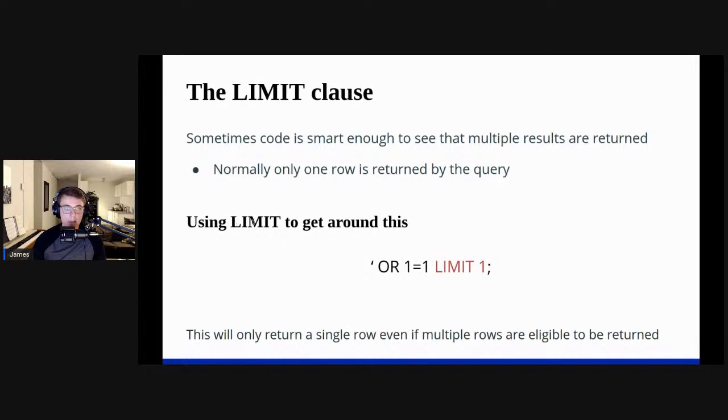Like it says here, this will only return one single row, even if multiple rows are eligible to be returned from our query, and we can use this to bypass that check. If somehow multiple rows got sent back, the website doesn't know what to do, and this can help mitigate that issue by limiting it to a certain amount. And 1 is typically what you want.